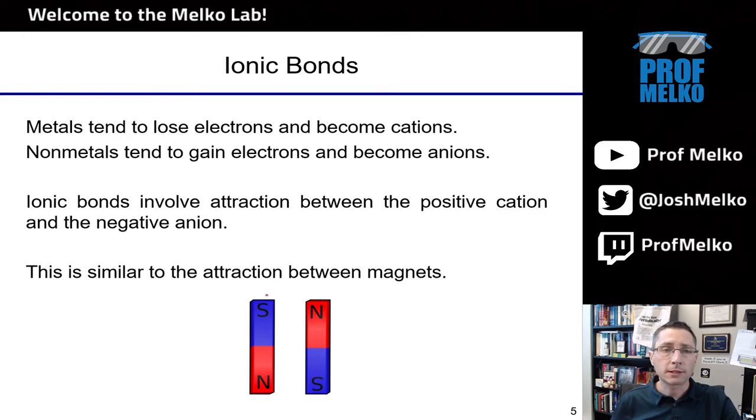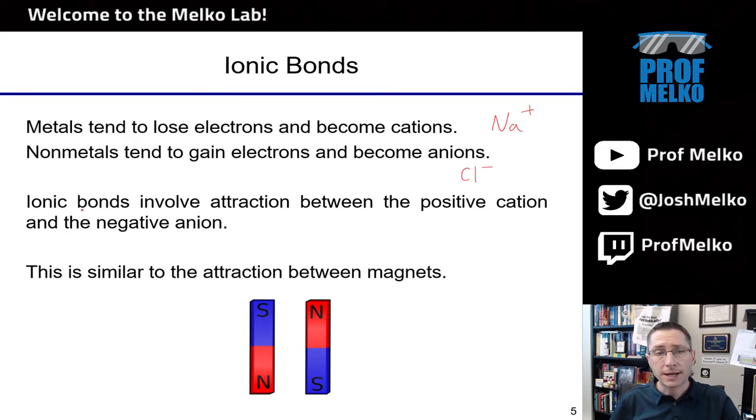So these metals tend to lose electrons and become cations, so you can have something like sodium lose an electron and become sodium plus, and nonmetals, maybe chlorine, this halogen, gains one electron to become Cl minus. Okay, and it's really this transfer of the electron from sodium to chlorine. Sodium gets rid of its electron, but that electron goes somewhere. It goes onto chlorine.